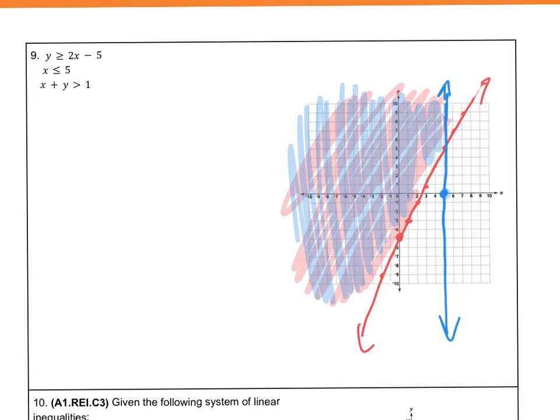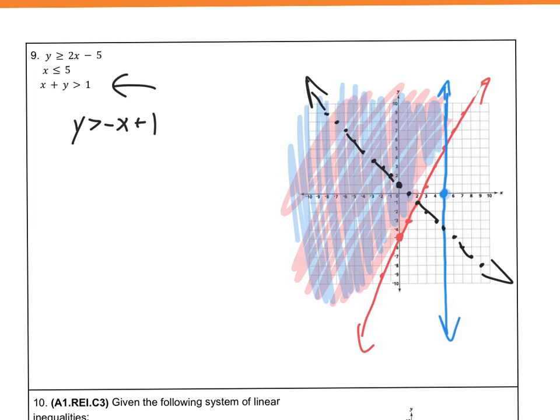Last line, can I graph that the way it is? No, what do I need to do? Just subtract the x over. Gives me y is greater than -x plus 1. B value is 1. Slope is down 1, right 1, or up 1, left 1. Dash or solid? Dashed.